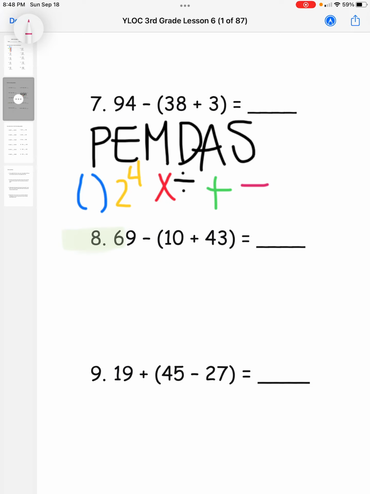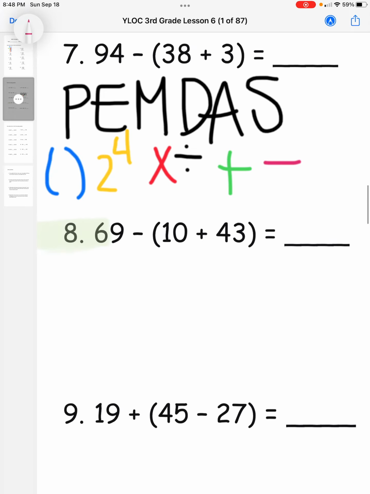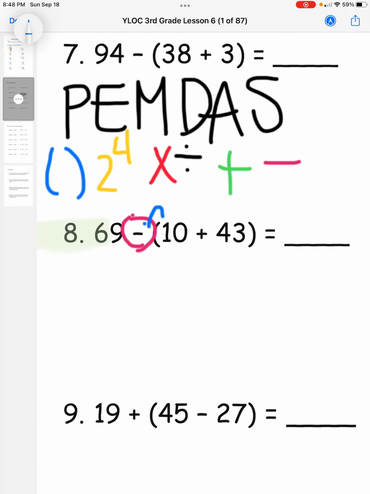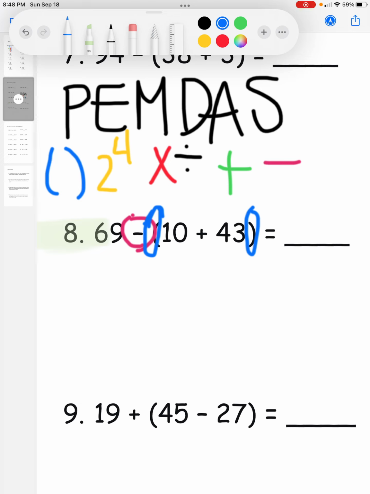If you look at number 8, you see you have a subtraction symbol, parentheses, and an addition symbol.